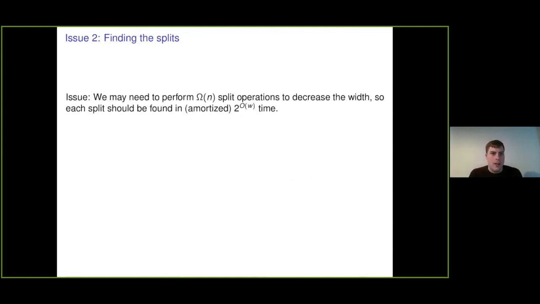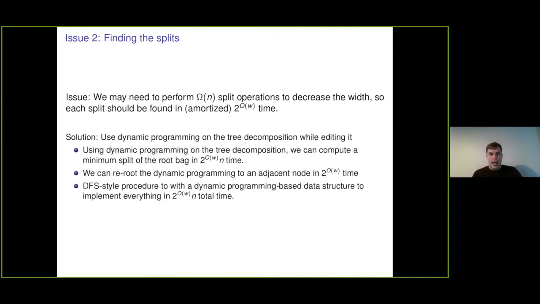Okay, and then there is a second issue: we need to split every bag, so we may need to perform a linear number of splitting operations to decrease the width. So we need to find each split in amortized time that is single exponential in the width and doesn't depend on n. To do this, we use dynamic programming on the tree decomposition, simultaneously while we edit it.